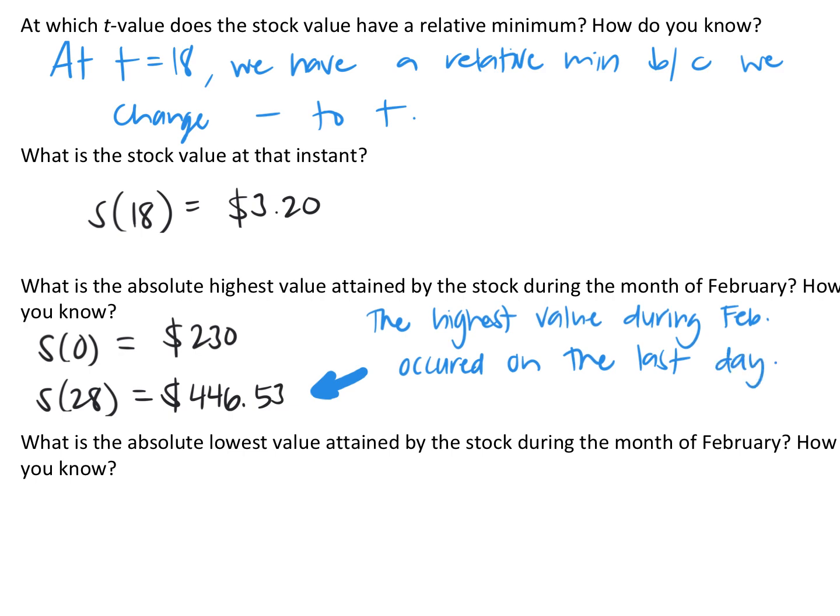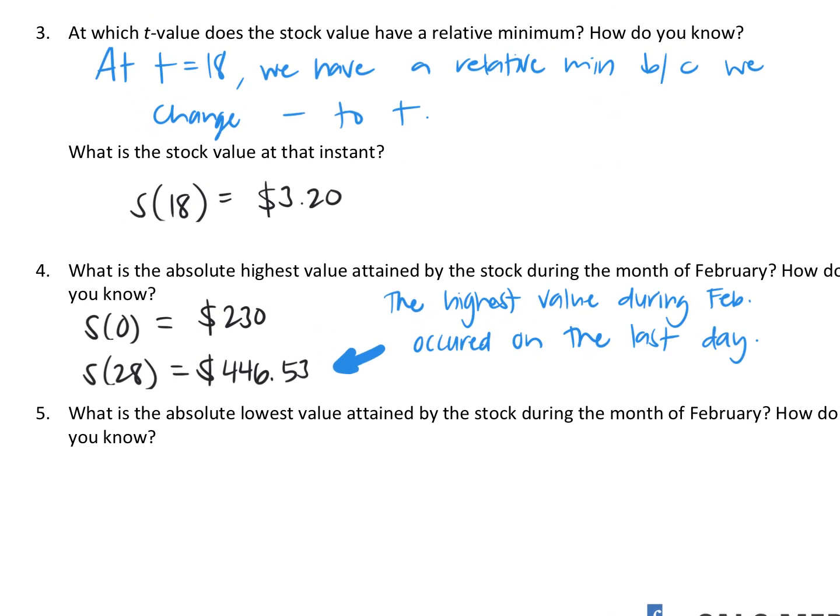Okay, so then the absolute lowest value obtained during the month of February. Obviously, we've already got the endpoint values here, and then we have our critical point of 18. So what is our lowest value? The $3.20. Okay, so our relative minimum is also our absolute minimum.